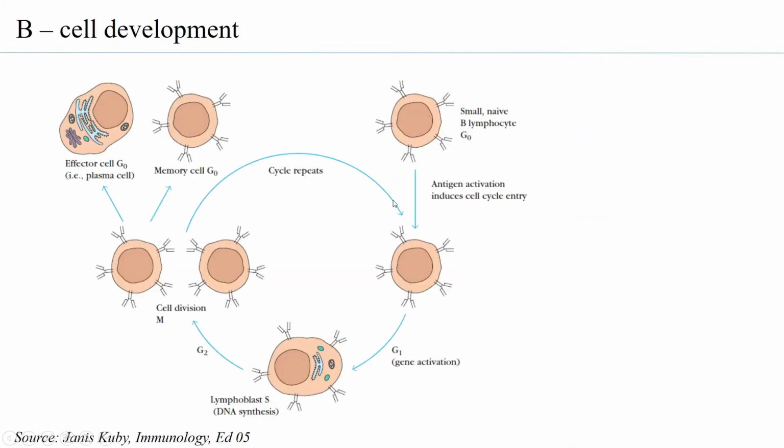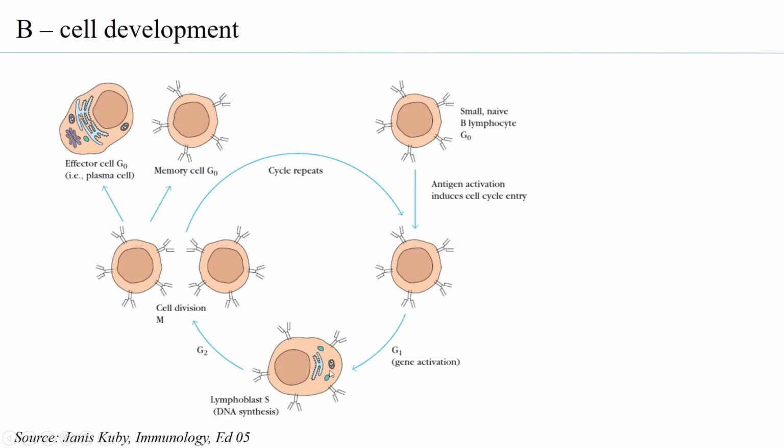Now, what is also interesting to notice is that a live B lymphocyte that is not yet associated with antigen, when it associates with antigen, induces the cell cycle and cell division to take place. So a small live B lymphocyte will increase in size to form what is called a lymphoblast.